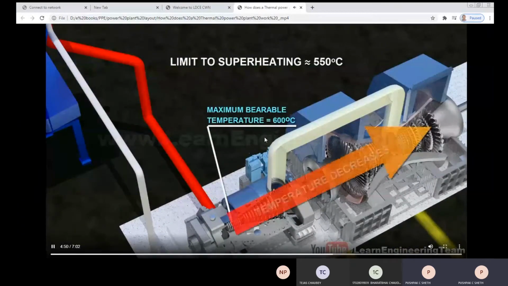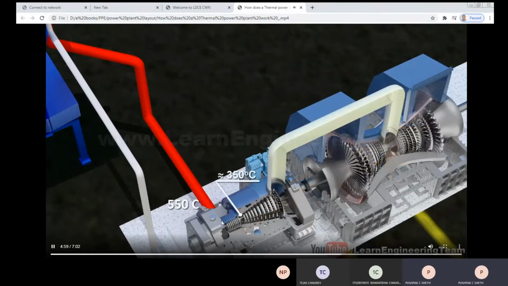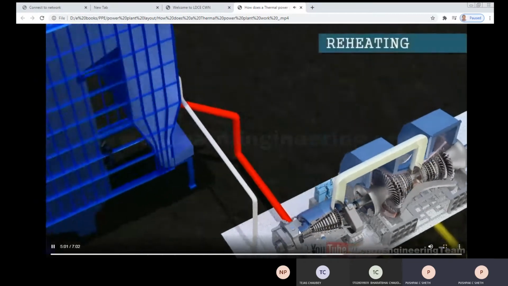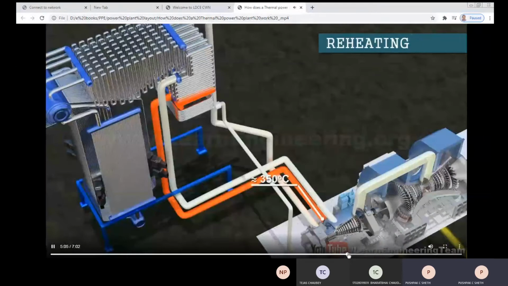You can see the temperature limits, that is 600 degrees Celsius, the maximum temperature that you are letting the steam come in. In this case, that is 550 degrees Celsius, and after expansion that will be cooled up to 350 degrees Celsius.